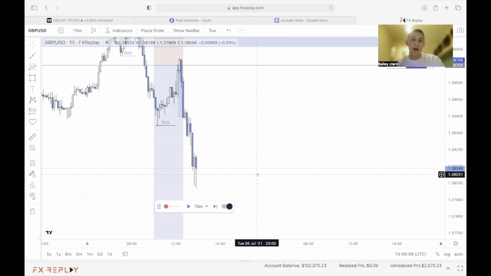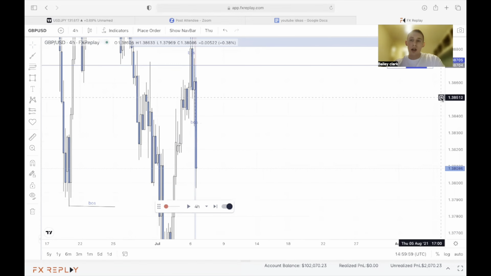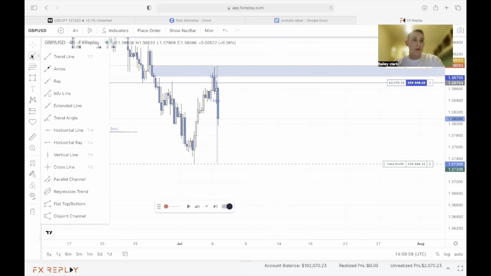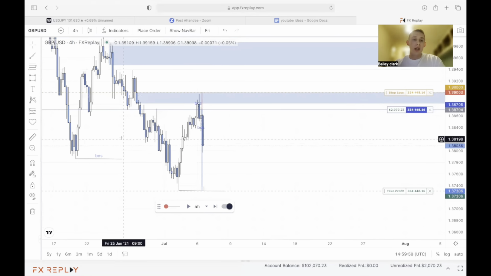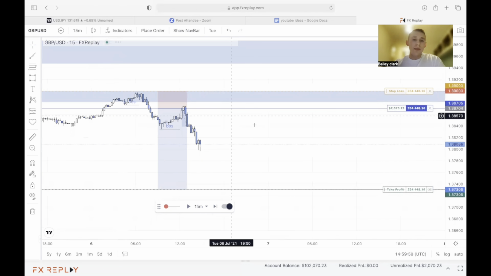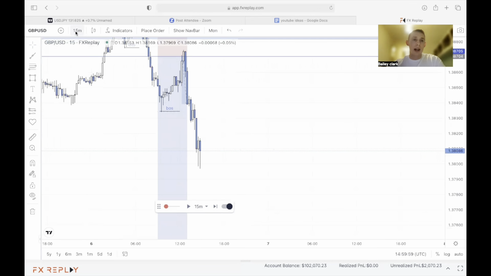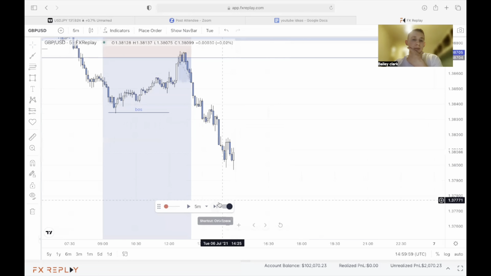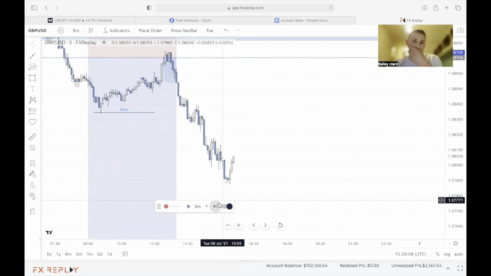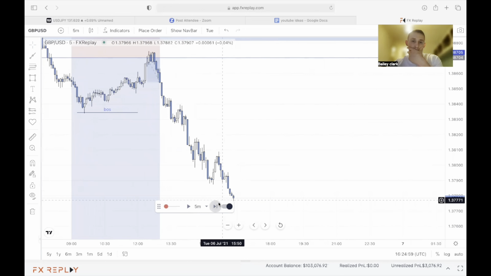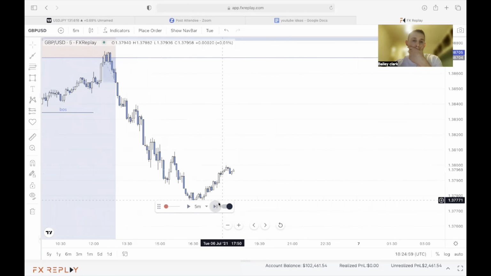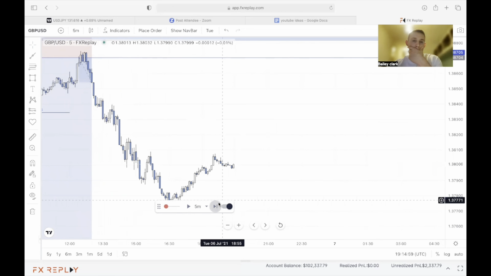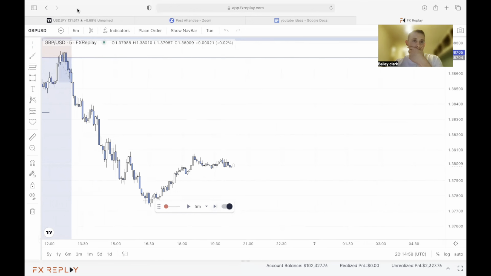So what I'll be looking for now is actually scalings along the way for price to reach this low, which is the overall higher time frame target. See if any valid scalings pop up. Not really any at the moment.